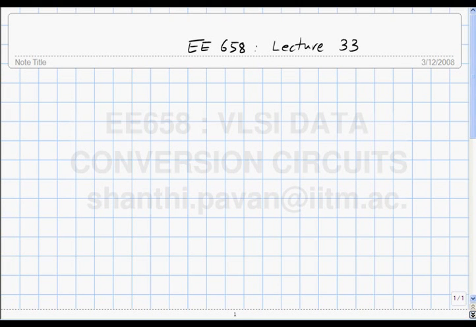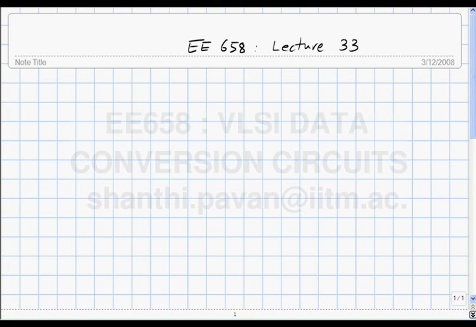In order to get monotonic behavior, in other words, for the same DNL, statistically we saw that a thermometer DAC requires a lot less precision, or the requirements on sigma I by I are a lot less in the case of a thermometer DAC.